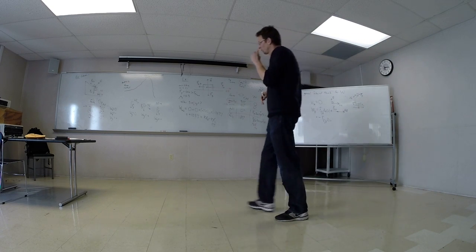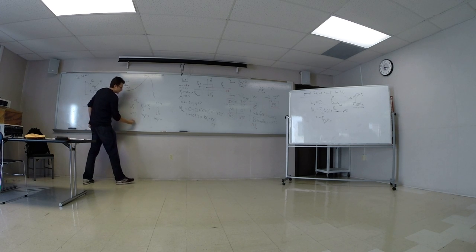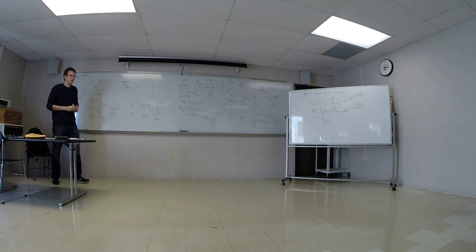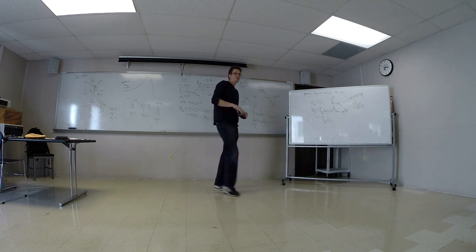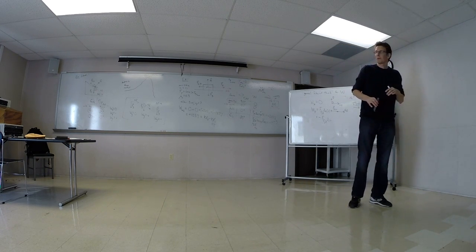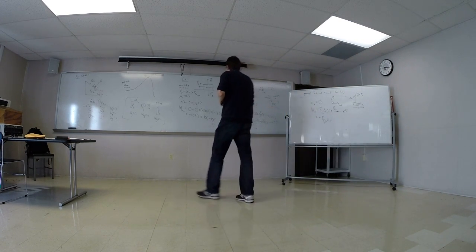Okay? So there is going to be a shortcut available for the work done by gravity, a huge shortcut. Not only is it a huge shortcut, which will allow us to calculate very, very complicated trajectories, but it'll lead us right into the energy method as well. Okay?